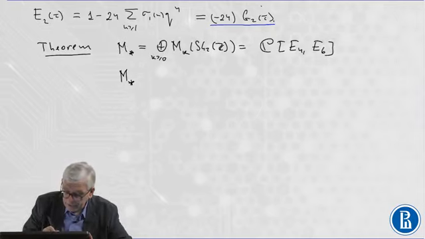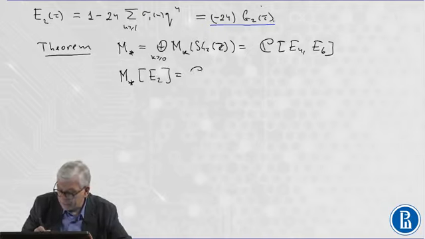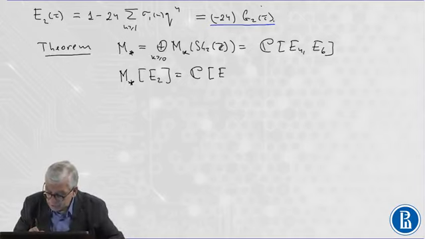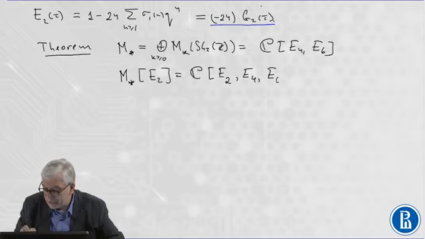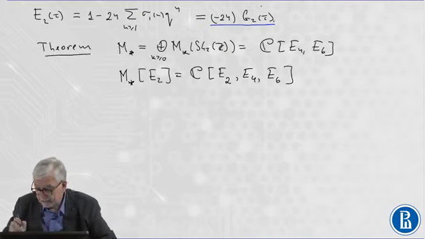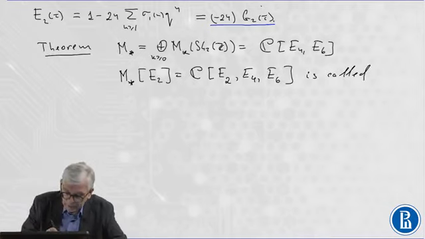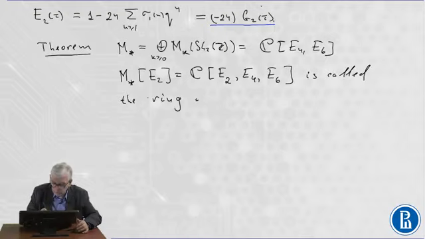Its extension by E2, meaning the graded ring generated by three Eisenstein series, the quasi-modular Eisenstein series E2, E4, and E6, is called the ring of quasi-modular forms.